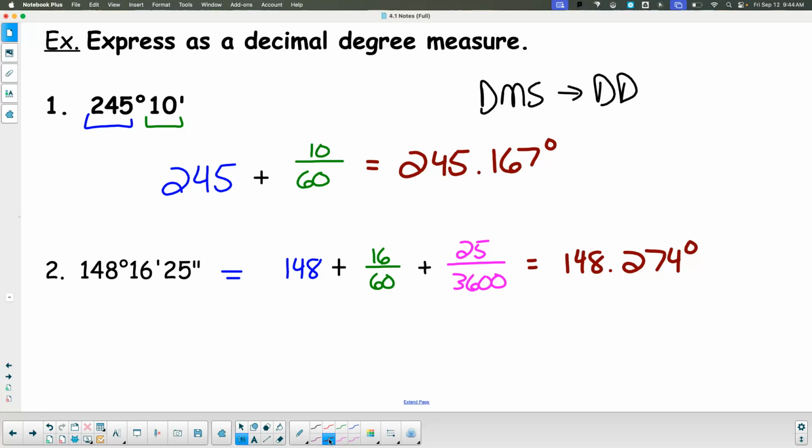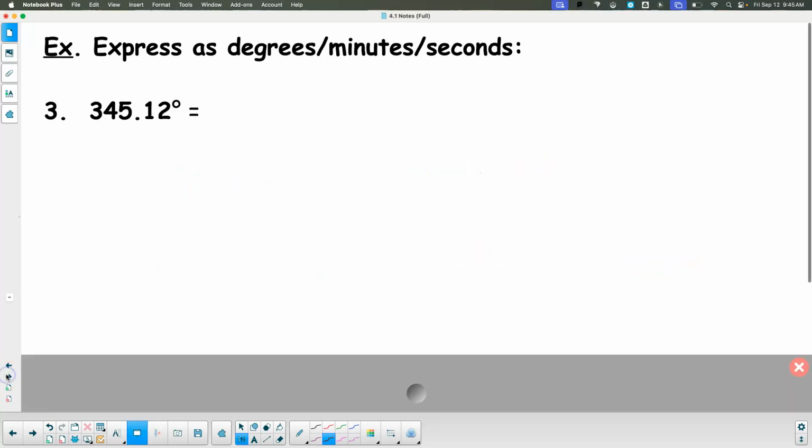Okay. Going the other way now. Now we're going to go from decimal degrees into degrees, minutes, and seconds. Okay. So now, once again, this 345 stays 345.